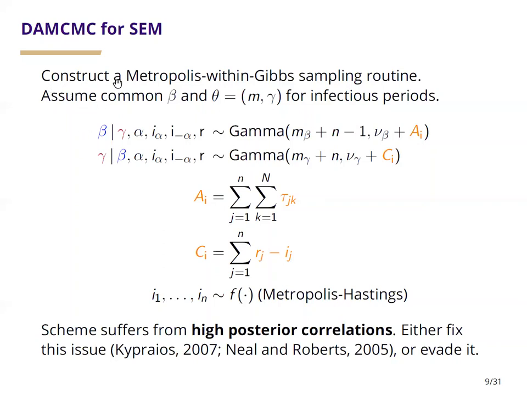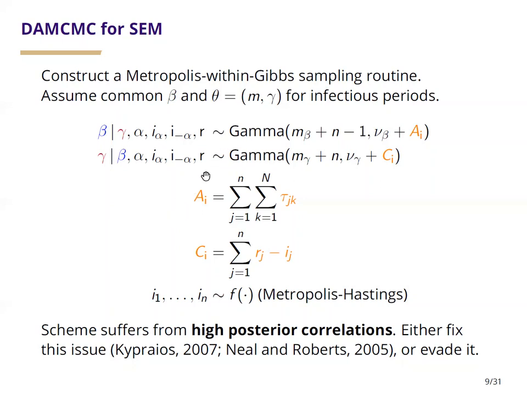So here we construct a Metropolis within Gibbs sampling routine. And for simplicity, I'll assume common infection rate and common parameters for the infectious periods. First, we have Gibbs steps for beta and gamma. This is assuming some conjugate priors, such that we still have draws from a gamma.